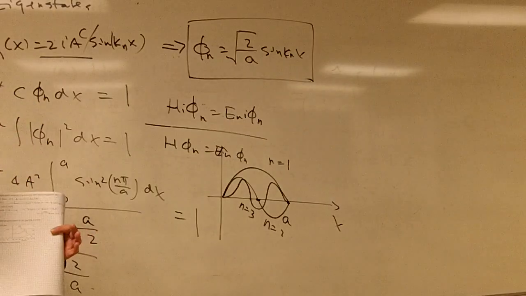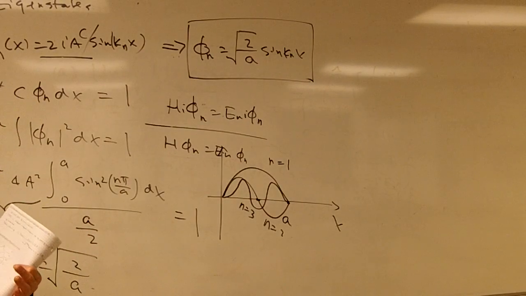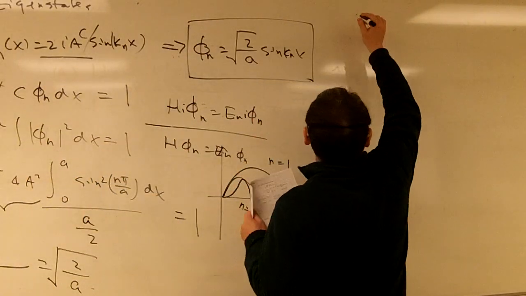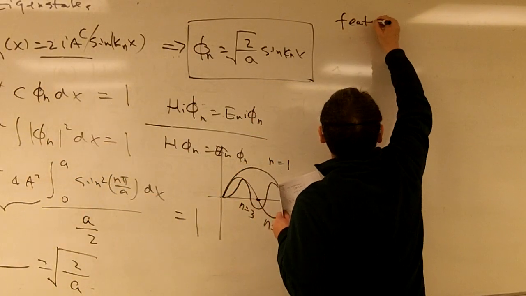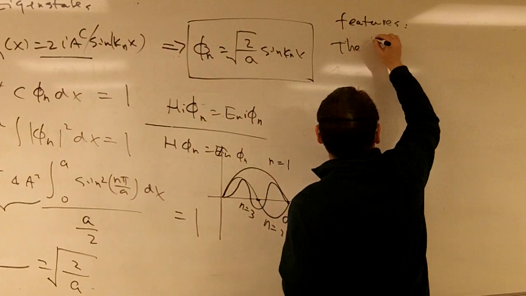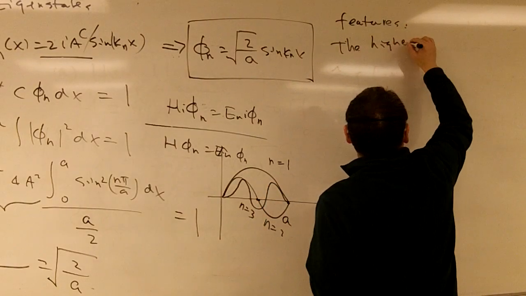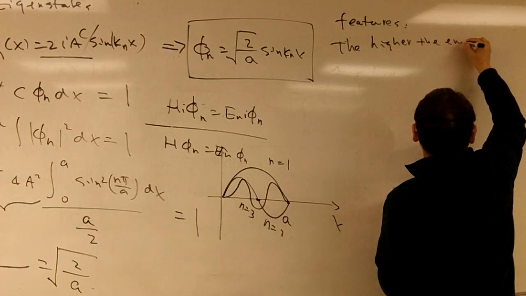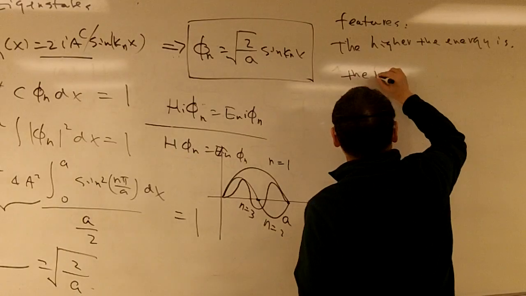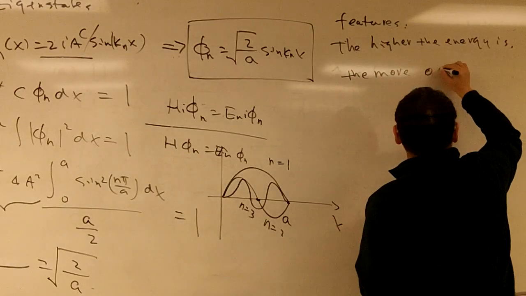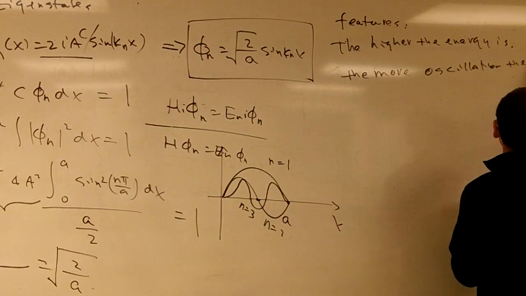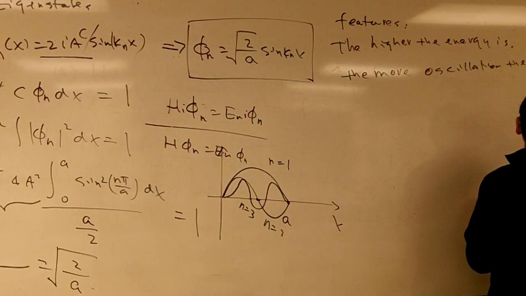So you notice that if energy is higher, you have more oscillation going on. So here is the generic feature: the higher the energy is, the more oscillation the wave function has.